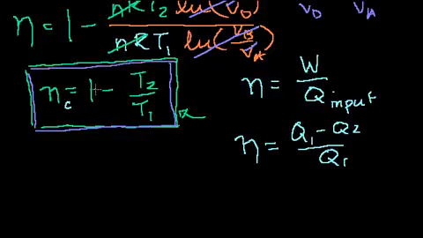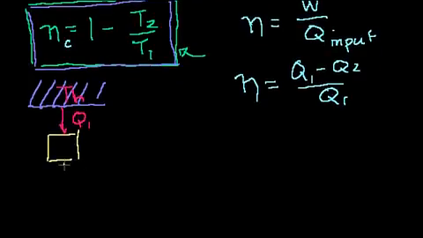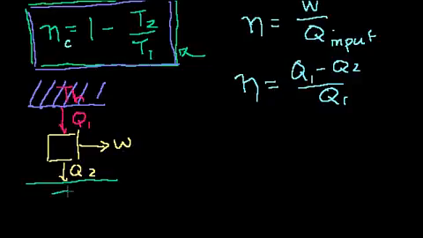Now, what I'm about to embark on, and I don't know if I'm going to finish it in this video, it might take into the next video to do it properly, is to show you that if we're operating a heat engine between two temperature sources, so I have my hot temperature source, I'll call that TH for T hot, and it's transferring some heat, Q1, and some other heat is coming out at Q2, and I'm performing some work, and then my other cold temperature reservoir, I'll call that T cold, is down here, and that's where I'm releasing the heat to.